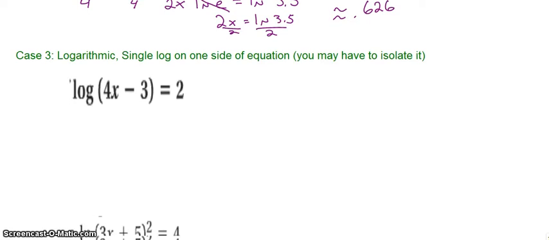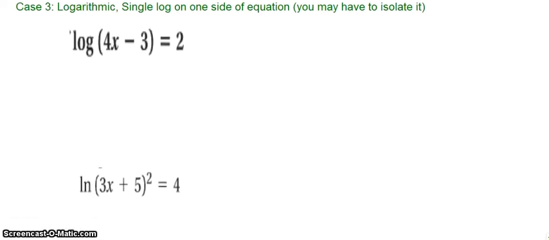Now, on the flip side, if we have logarithmic equations, there are two cases here. So you either might have a single log on one side. You may have to isolate it, but in general, if you have one log, you're always going to rewrite. So take it from the base to the exponent equals your argument.